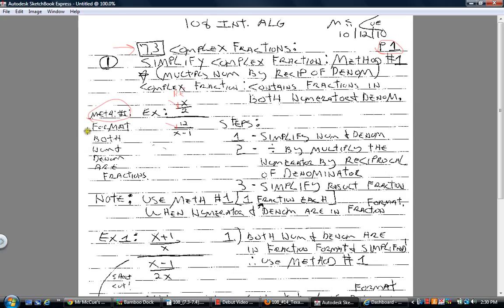Okay, method number 1 is no different than back in the days when you have a regular fraction like 1/2 over 2/3 and you were asked to work that out. And how did you do that real quick? You took the numerator fraction and you multiplied it by the reciprocal, which was 3/2.